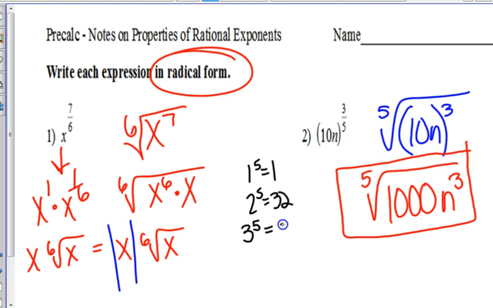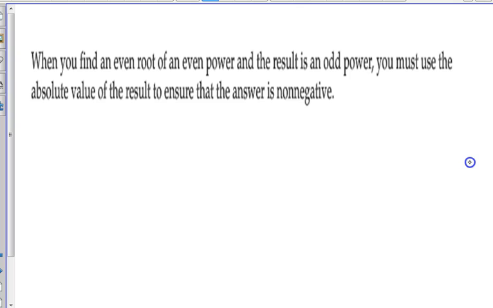Anybody doing 3 to the fifth for me? Does 243 divide into 1,000? Okay. 4 to the fifth, I think, is 1024. Okay. We're past 1,000 now, right? So none of those divided into 1,000 evenly, so it didn't simplify. All right. Moving on.